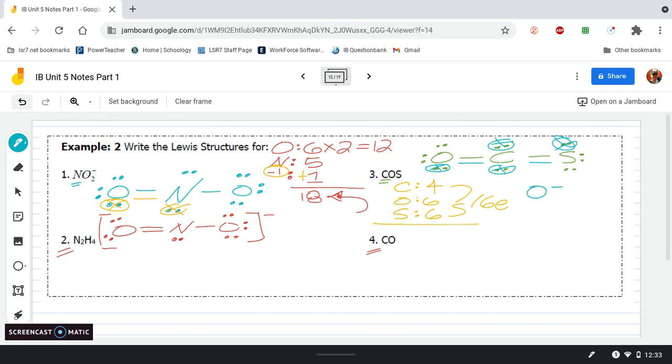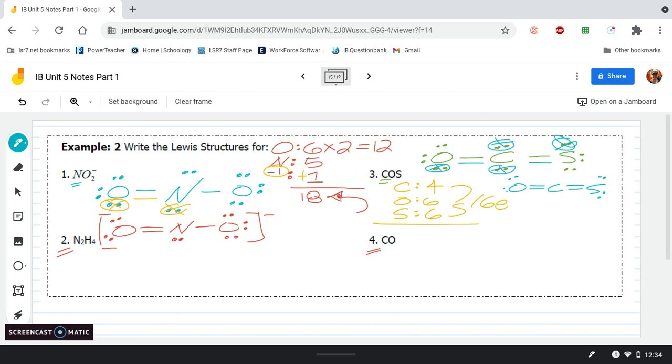O, double bond, C, double bond, S. That didn't look that great. Let's try it again. O, there we go. Double bond C, double bond S. This will have a couple of dots on it. That's sulfur. And then this oxygen will also have a couple of dots on it like that. And then there you go.